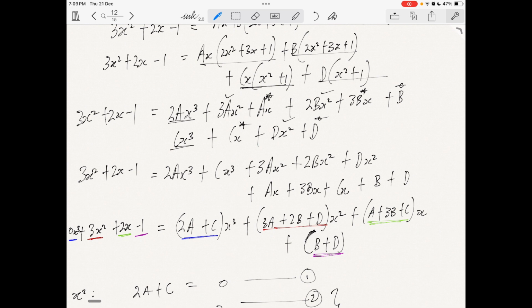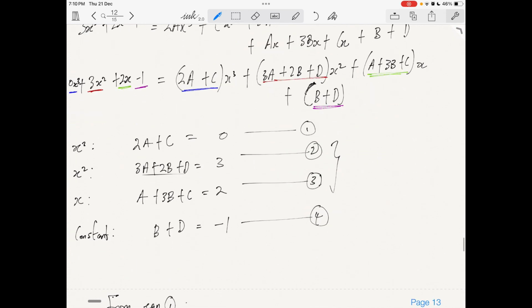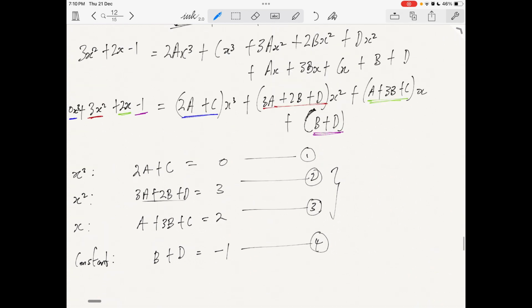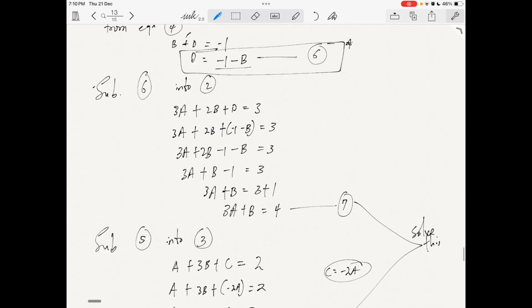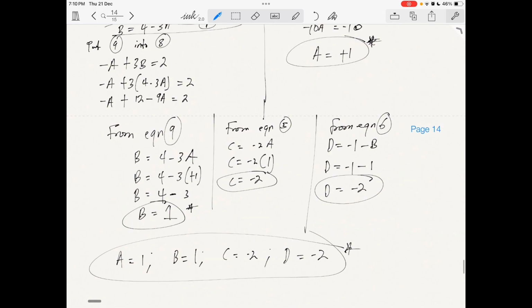We went on to use comparing coefficients, and we arrived at these four equations. So all we have to do is solve these four equations simultaneously using the substitution method. So here is the whole process. Solving the four equations simultaneously, we arrived at these four answers.